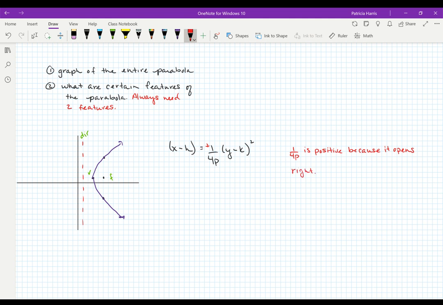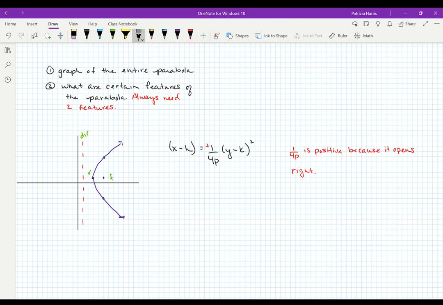All right, so you basically need four things. You need a vertex, and then you need a p-value. So the vertex is pretty easy to find. You just go, let's see, there's 0, 0, right 3, up 1.